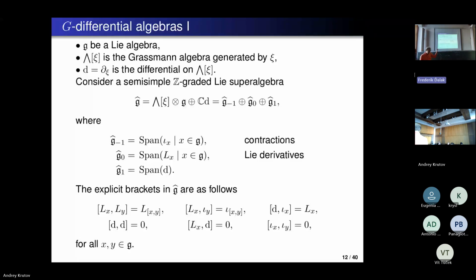Because one of the realizations of this algebra is that you take differential forms on a G manifold, then this D will map to the de Rham differential. Lx will be Lie derivatives with respect to the corresponding generating vector fields, and contraction will be contraction with respect to them.